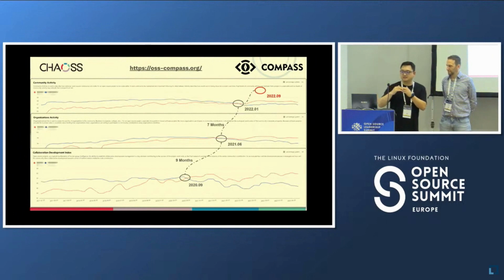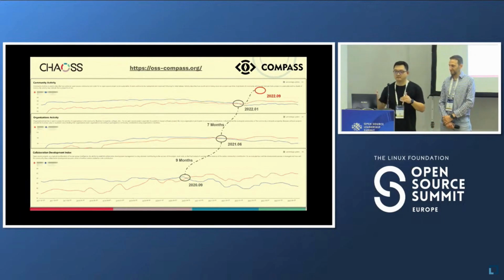We found that at this time slot, PyTorch exceeded TensorFlow. And again, if we push time another 9 months earlier, when we start monitoring the Collaboration Development Index, in short CDI, we found CDI already reflected what has happened.